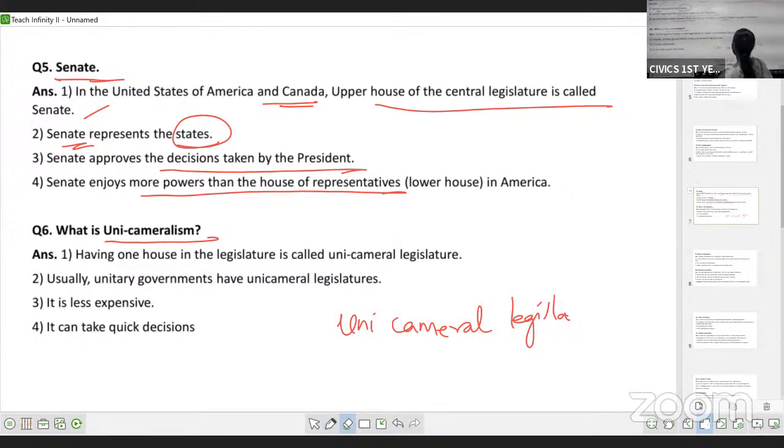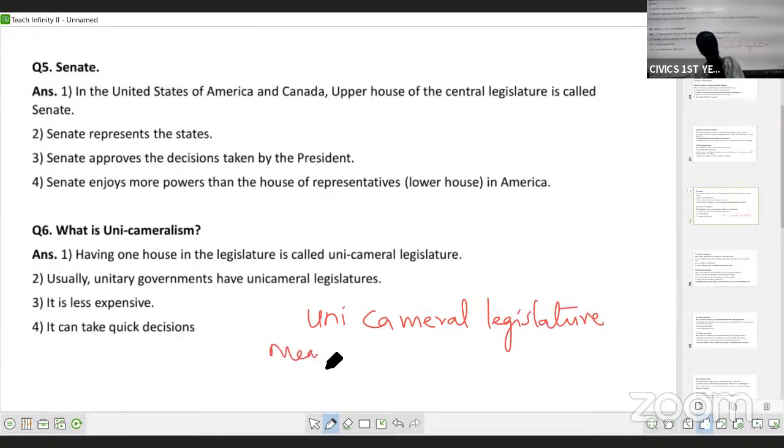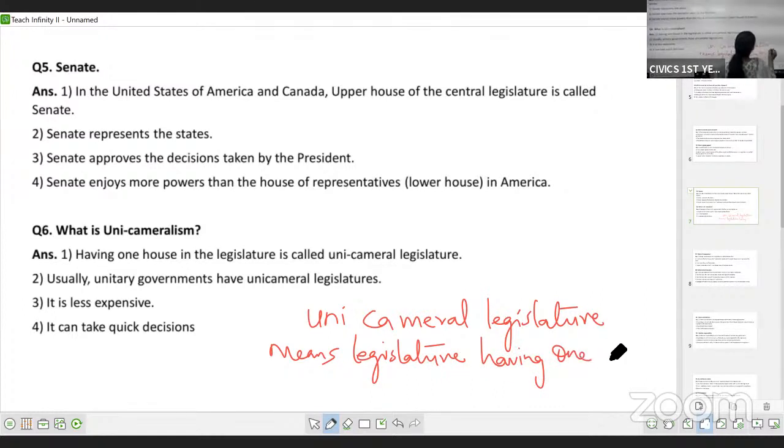Unicameral legislature means a legislature having one house.